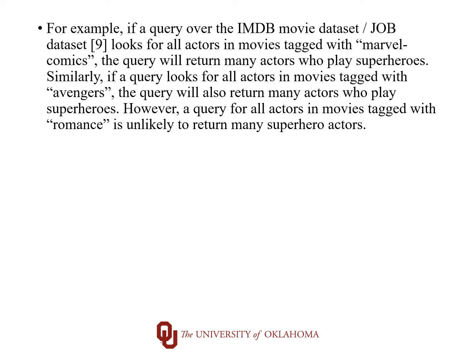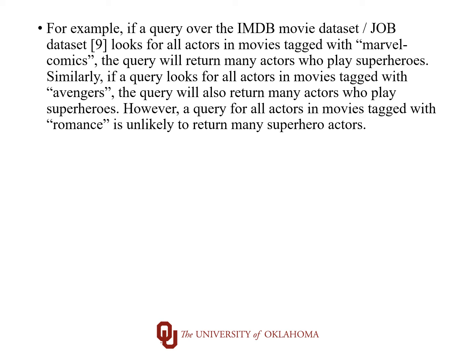For our IMDb movie dataset, we train the word-to-vec model with the IMDb database. For example, if a query on the IMDb movie dataset or JOB dataset looks for all actors in movies tagged with Marvel Comics, the query will return many actors who play superheroes.